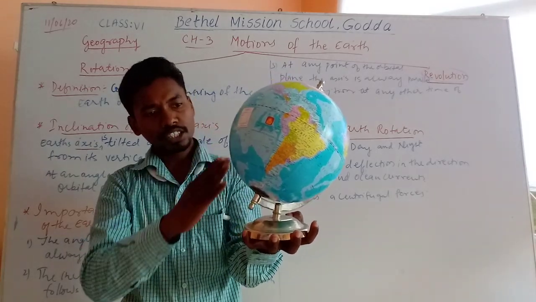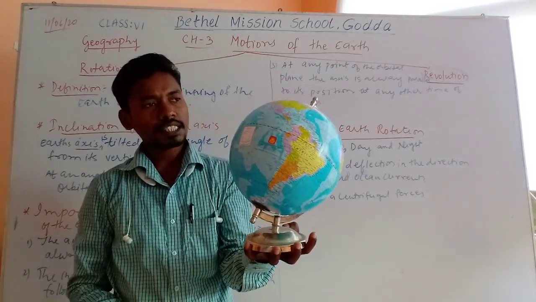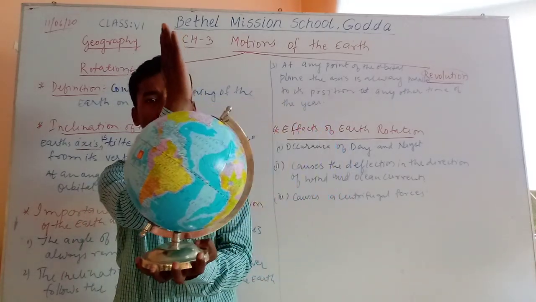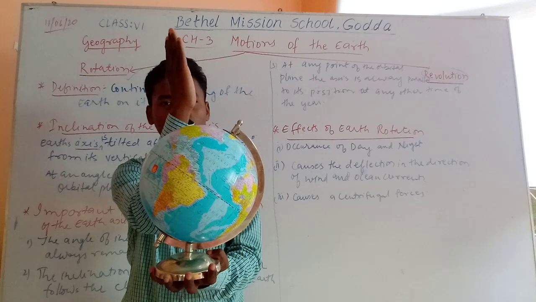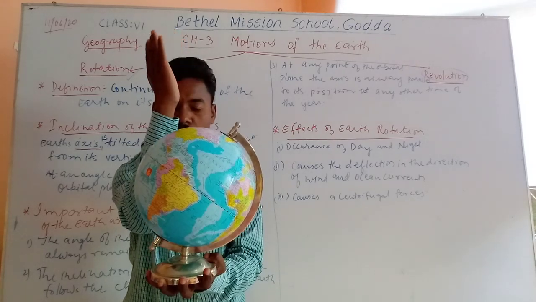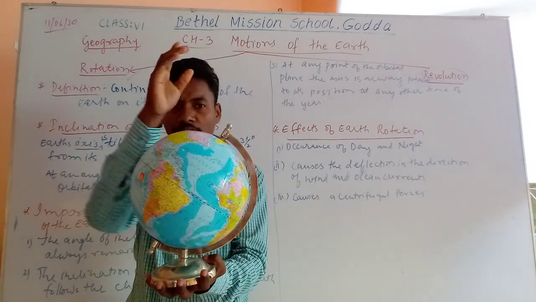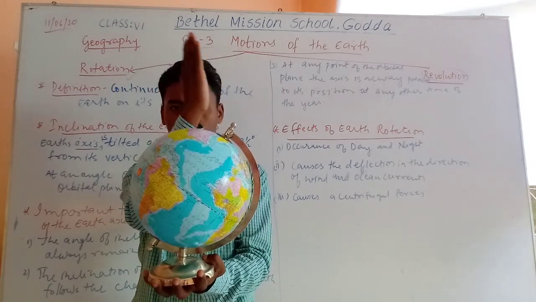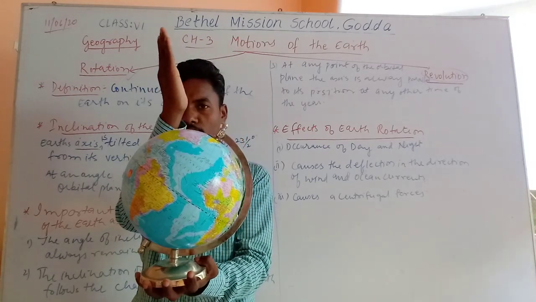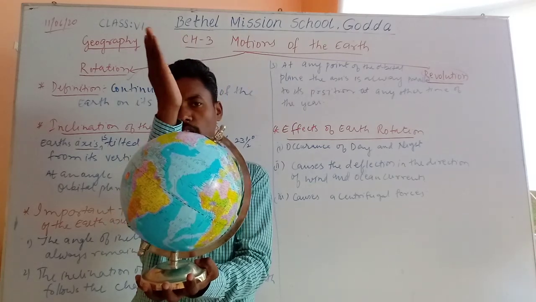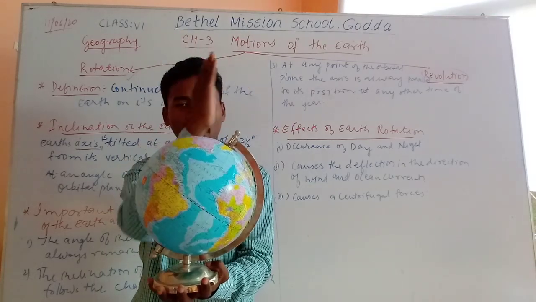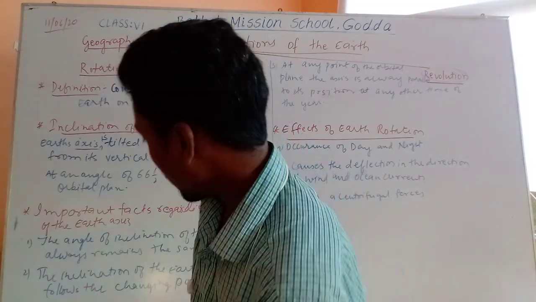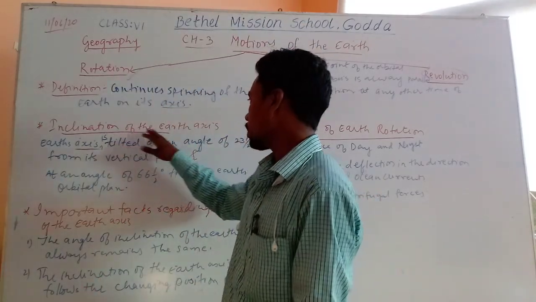This inclination from the Earth's orbital plane is 66.5 degrees. Whereas if we see it from the perpendicular to the orbital plane, the axis is inclined at an angle of 23.5 degrees. So the angle between this vertical and this axis is how much? 23.5 degrees. That is what is called the inclination of the Earth's axis.